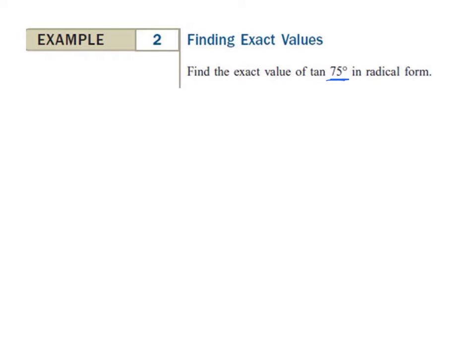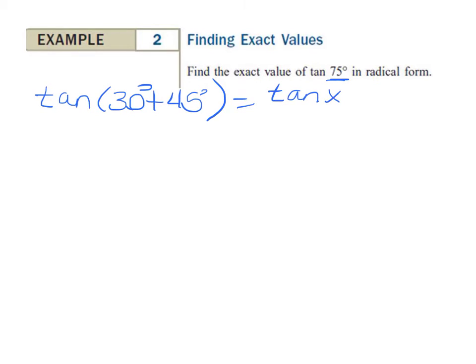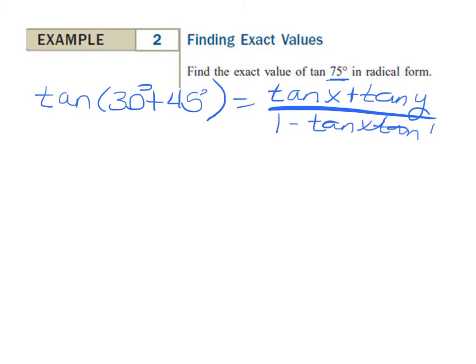So we're going to use the sum identity, and we're going to say the tangent of 30 plus 45 degrees. That gives me 75. Using that, what I've got now, don't forget your identity of the tangent of x plus the tangent of y all over 1 minus the tangent of x tangent of y.